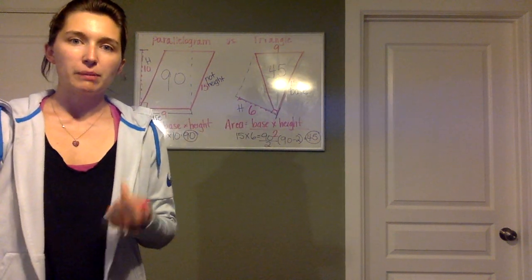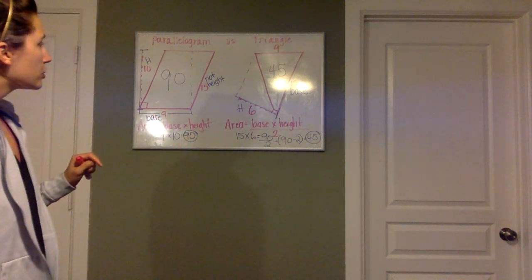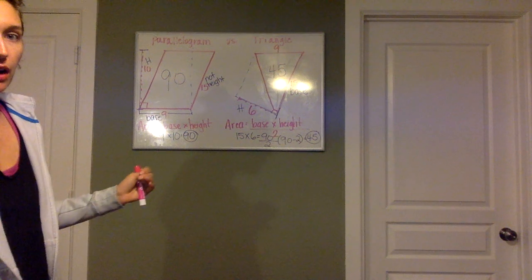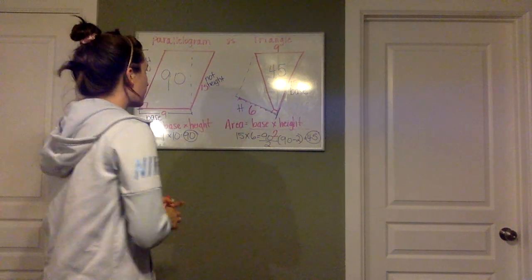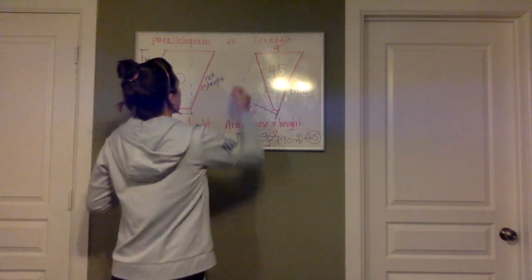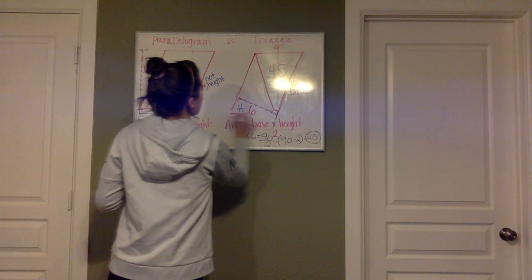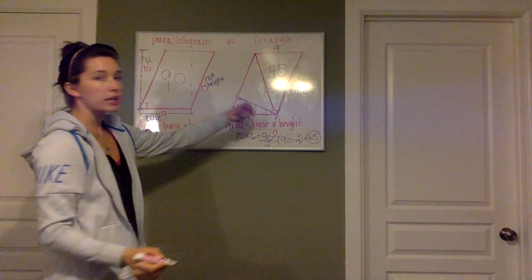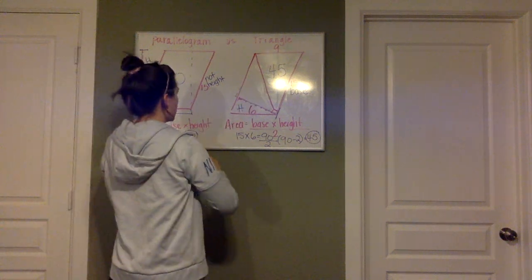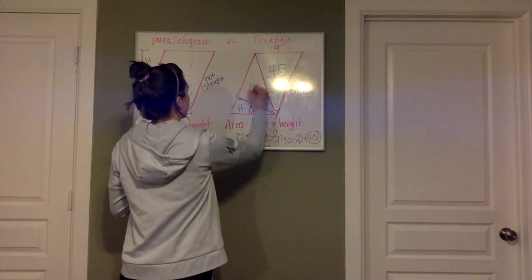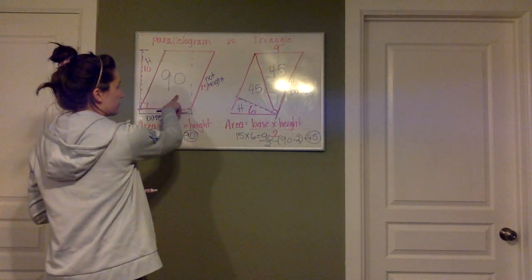Now, I want you to notice something about the two figures that we chose. If I were to draw this triangle out and double it, I could create a duplicate of this parallelogram, because I know I would double it, meaning this other side would be worth 45. 45 and 45 together would make 90.